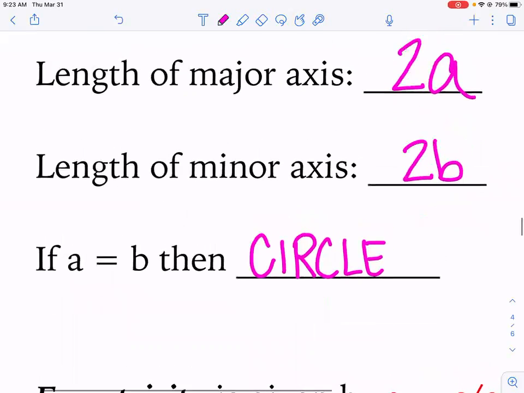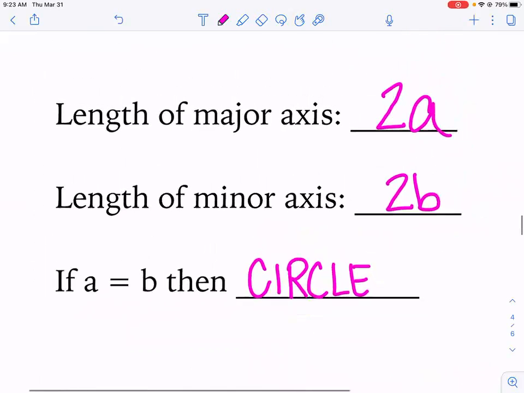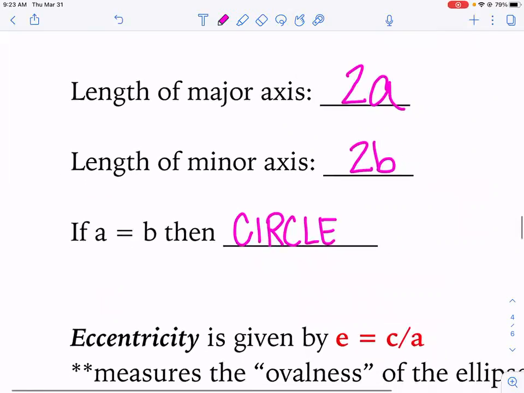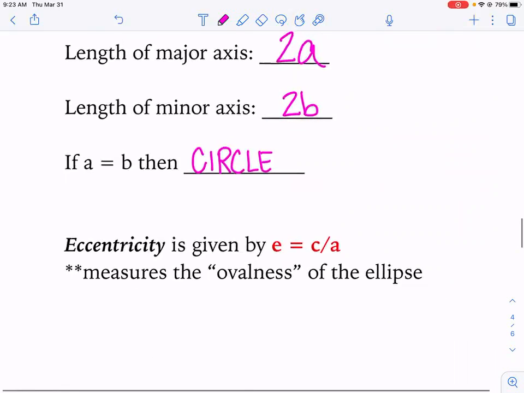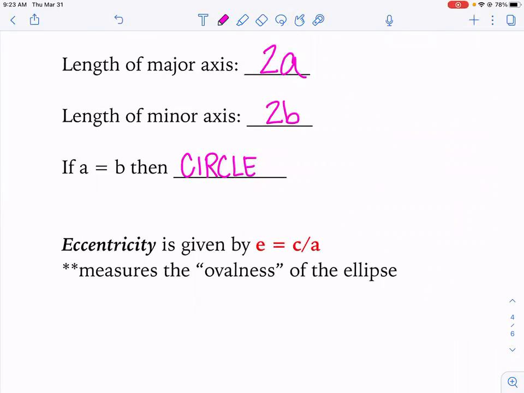Now, we have one measure that we need to calculate after we get everything graphed. Eccentricity is given by C divided by A. Eccentricity, C divided by A. It measures how oval our ellipse is. Is it more circular or is it more squished?